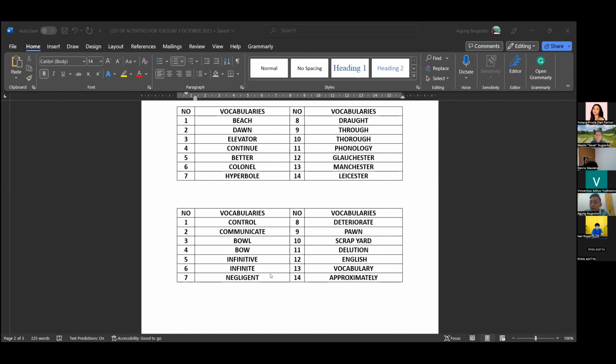Number 9. Anyone would like to try number 9? Gunawan, go on. Sorry, number 9, Gunawan. Come again? Anyone would like to challenge Gunawan, please? Diaz, go on. Pawn.